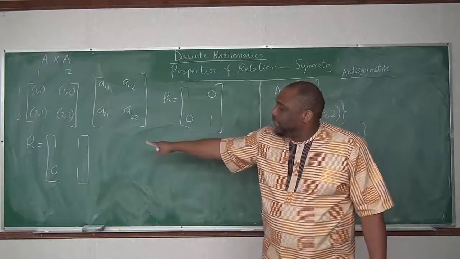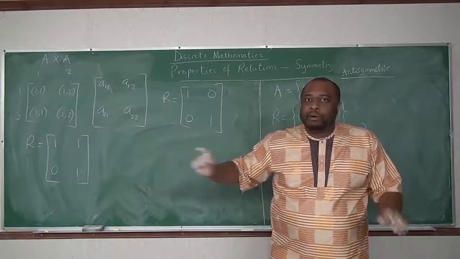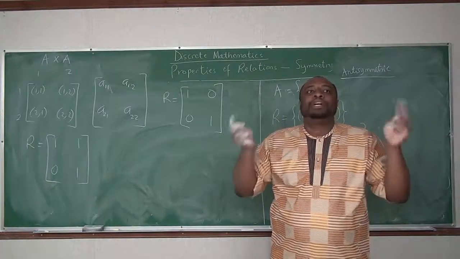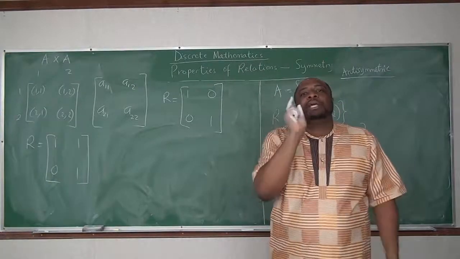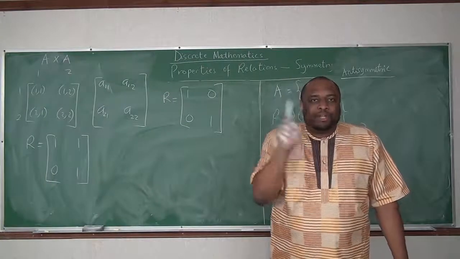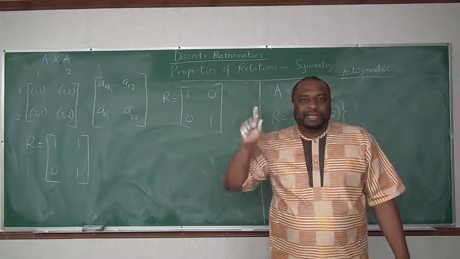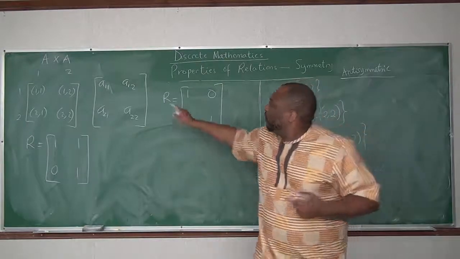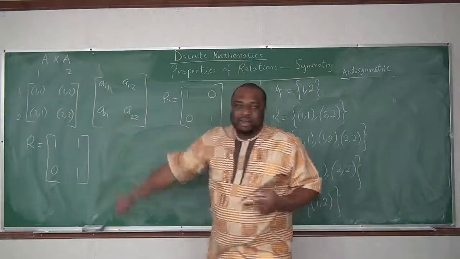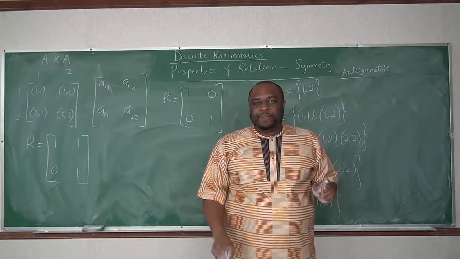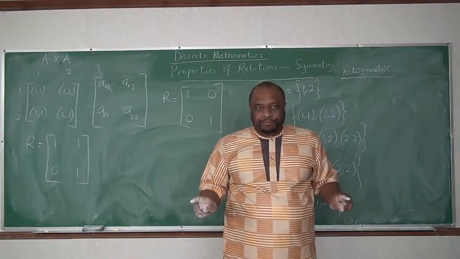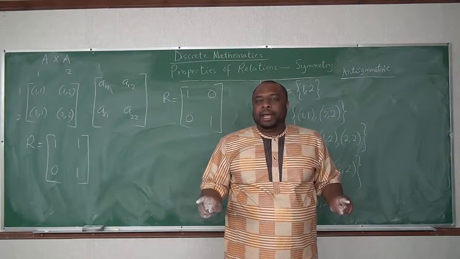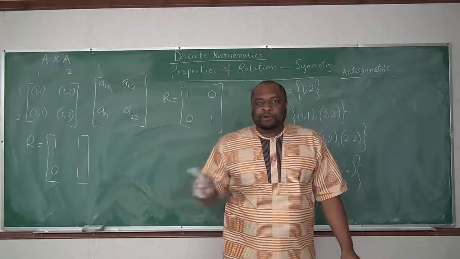If you have one of them and not the other, fine. You just can't have both, because then they must be equal for it to be antisymmetric, and 1, 2 and 2, 1 are not equal.